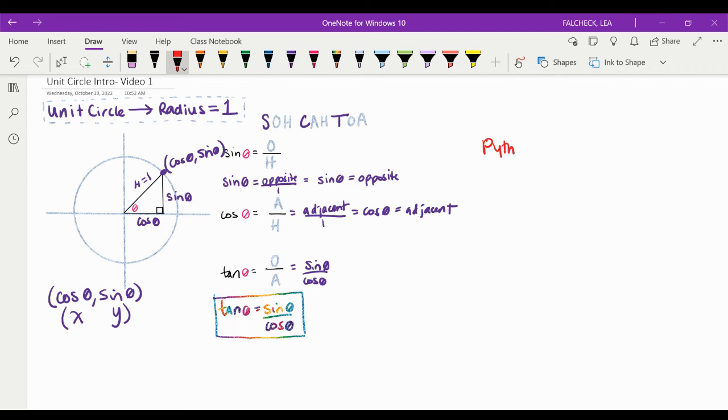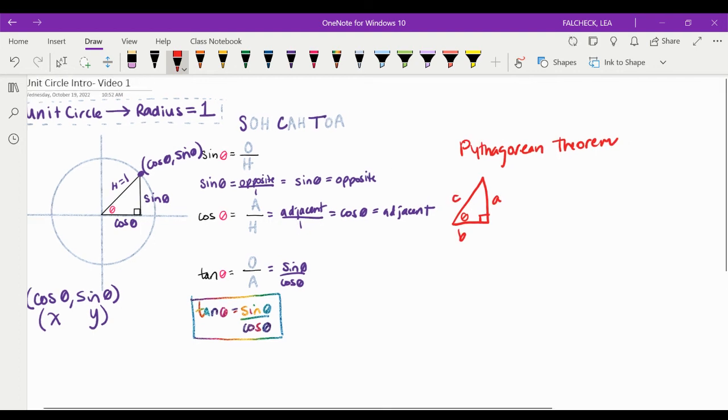The Pythagorean theorem, using the triangle that we drew over there, something that looks like this, would be a squared plus b squared equals c squared.